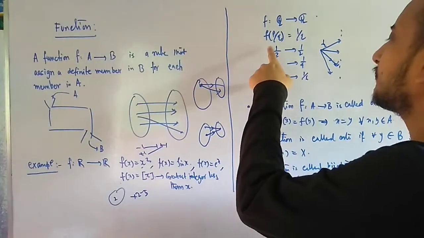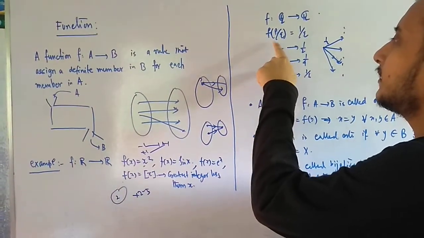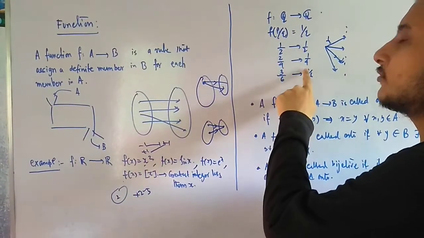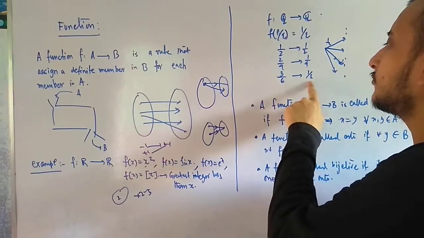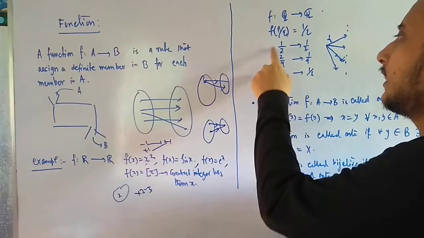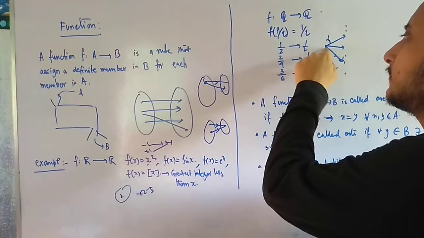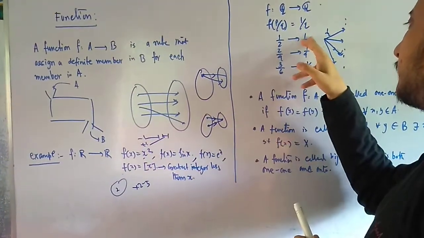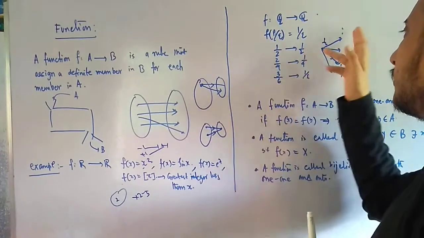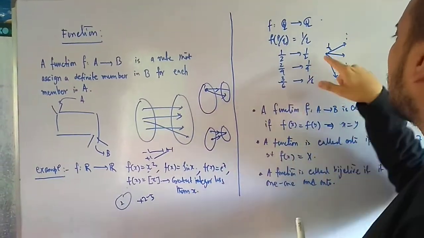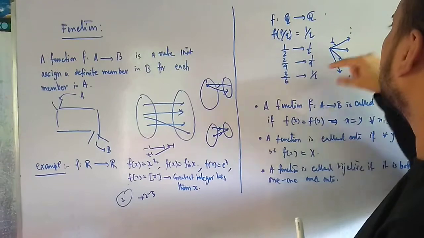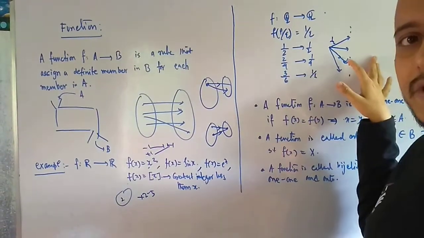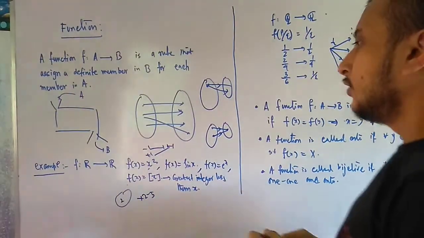For example, f of 1/2 goes to 1/2, 2/4 goes to 1/4, 3/6 goes to 1/6. But 1/2, 2/4, 3/6 are the same thing, it's 1/2, right? So here 1/2 maps to 1/2, 1/4, 1/6, all. So this is not a function, because a definite member 1/2 has more than one image.